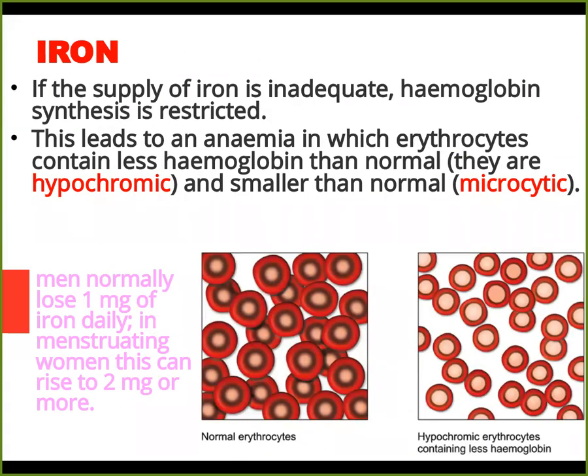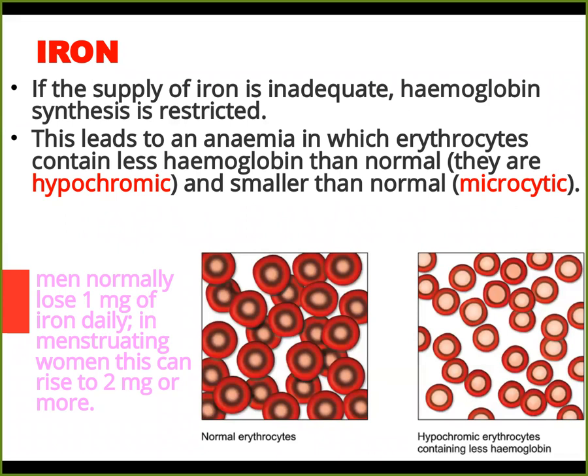The next factor for regulation of the total amount and activity of red blood cells is iron, because, you know, one of the components of hemoglobin is iron, and this iron is used for attaching oxygen and carbon dioxide.